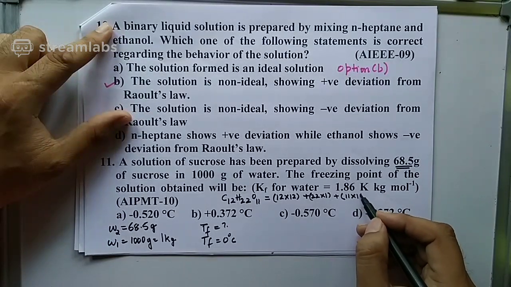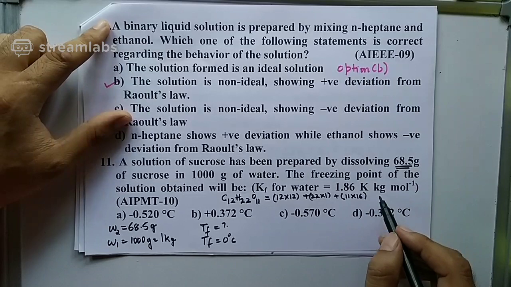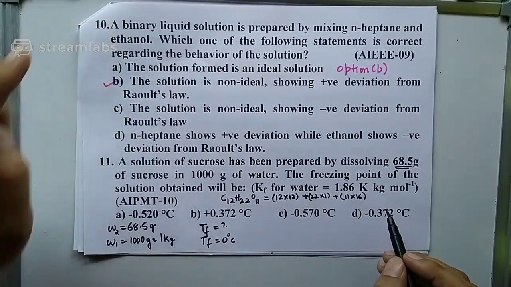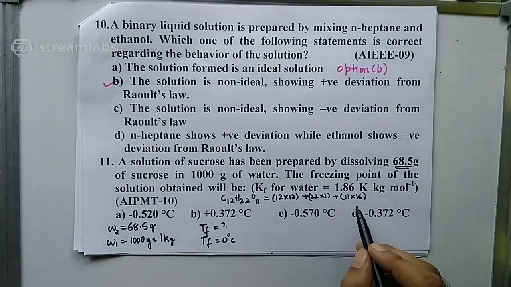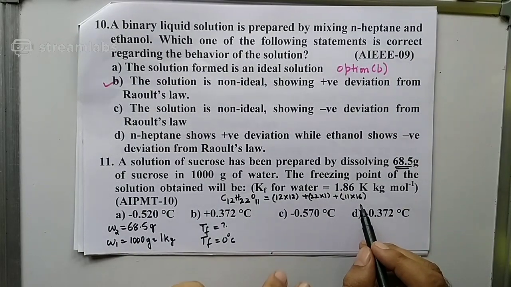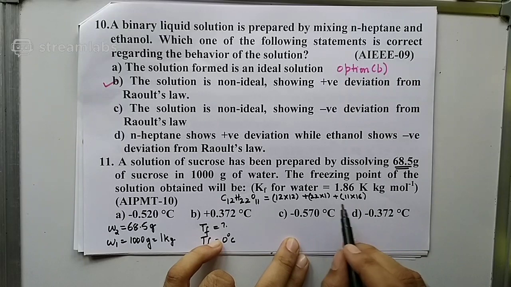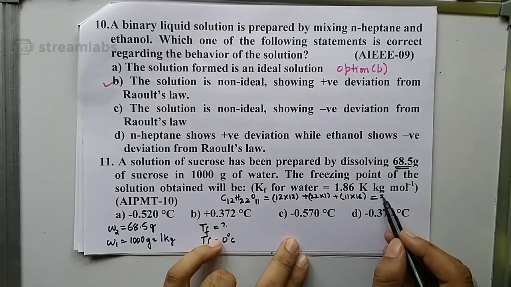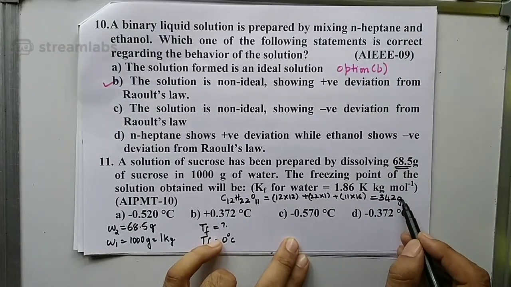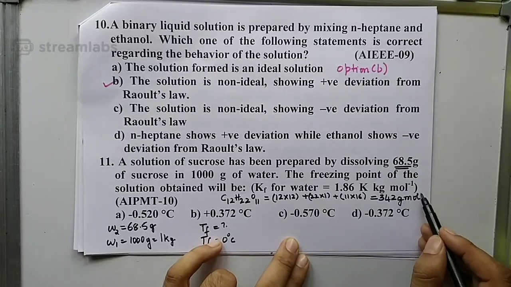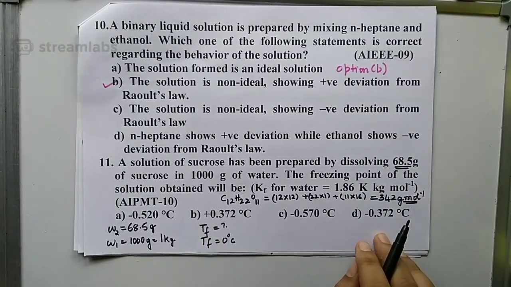The atomic mass of oxygen is 16, so 11 into 16 is 176. So 176 plus 22 plus 144 comes out to be 342 grams per mole. That is the molar mass of sucrose. Okay.